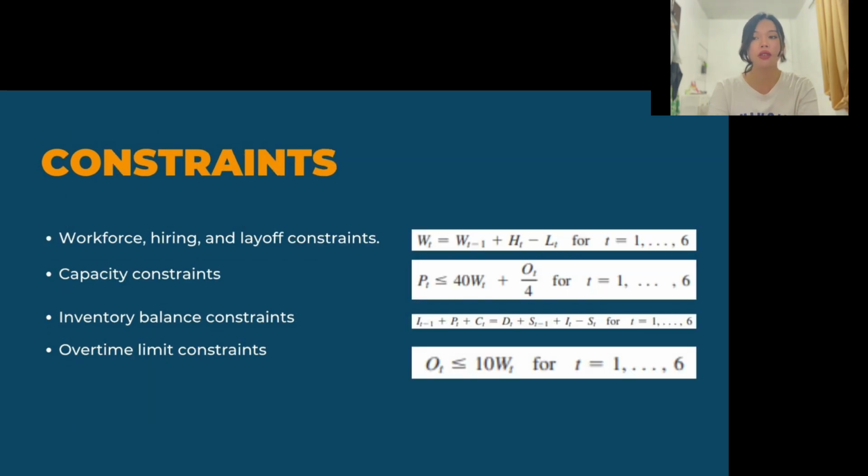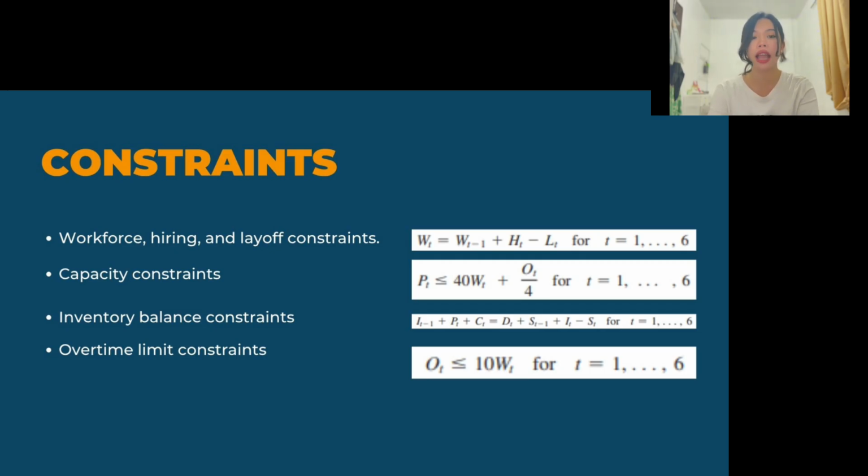So of course, we're using linear programming. There are constraints, and the first constraint that we have here is the workforce, hiring, and layoff constraint. It is the workforce size that is denoted by capital W sub T in a period.